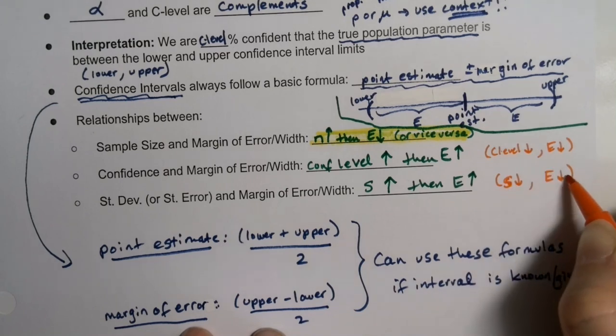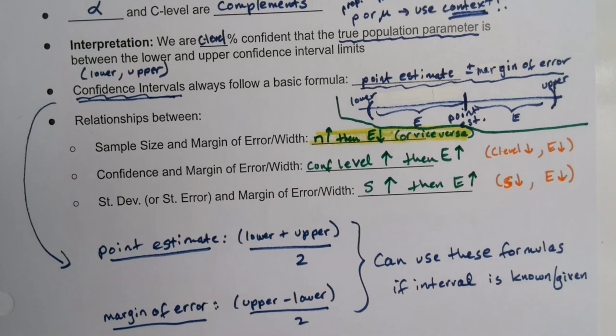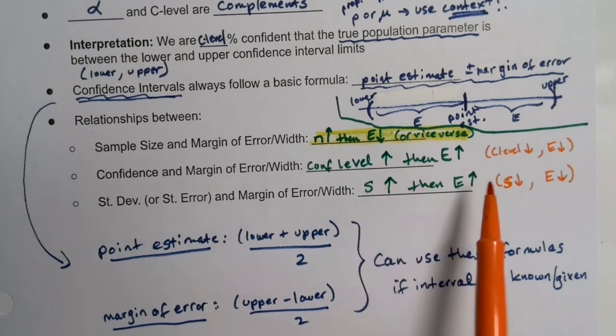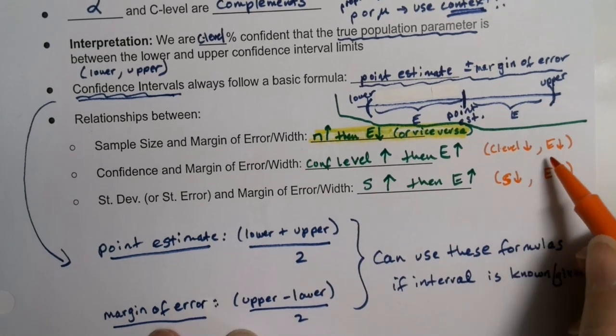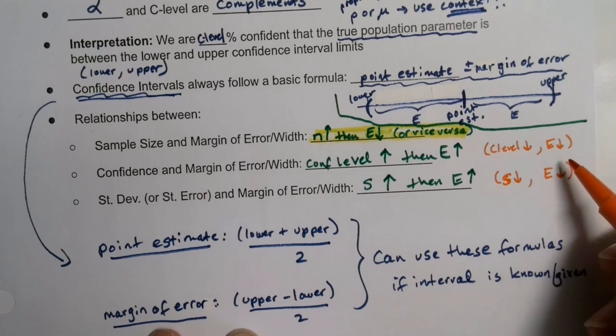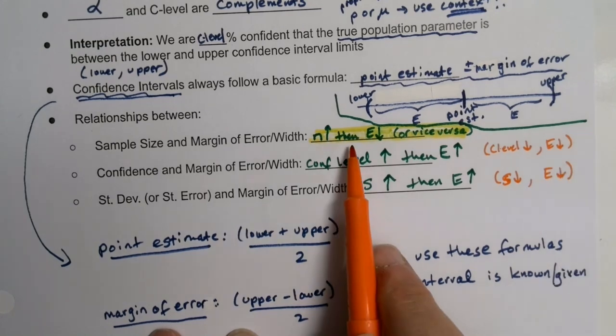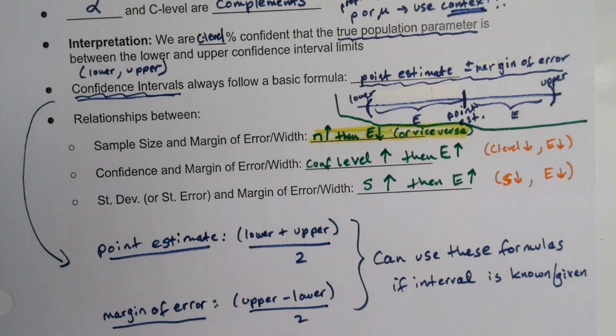They work together like that. So those ones are called a direct relationship, these two. They'll go together. Whereas this one here is an inverse relationship, an indirect relationship. If one goes up, the other goes down. All right, there's a recap of all sorts of things that we've learned in this particular chapter.